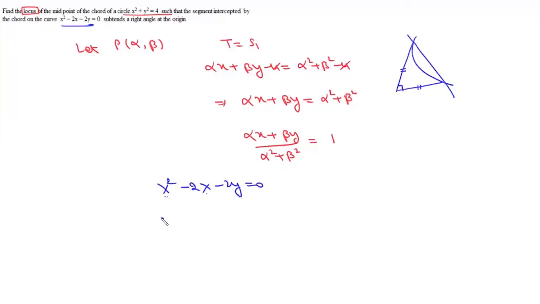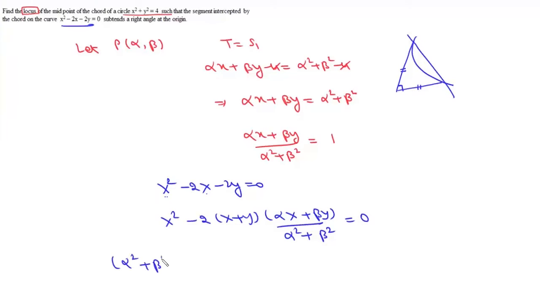So what we'll do is write this as x square minus 2(x plus y) into 1, and we'll write this 1 as (alpha x plus beta y) upon (alpha square plus beta square), and it is equal to 0. Now this is (alpha square plus beta square) x square minus 2 times (alpha x square plus beta xy plus alpha xy plus beta y square) equals 0.